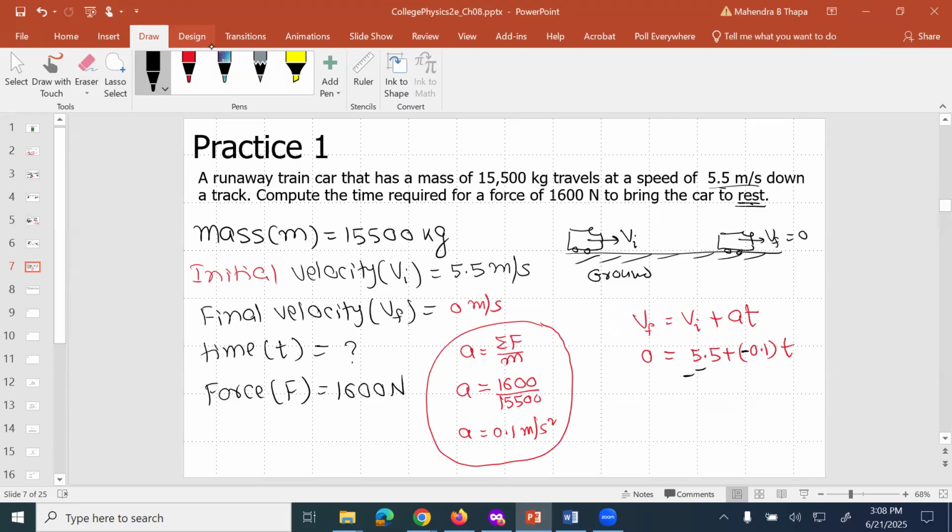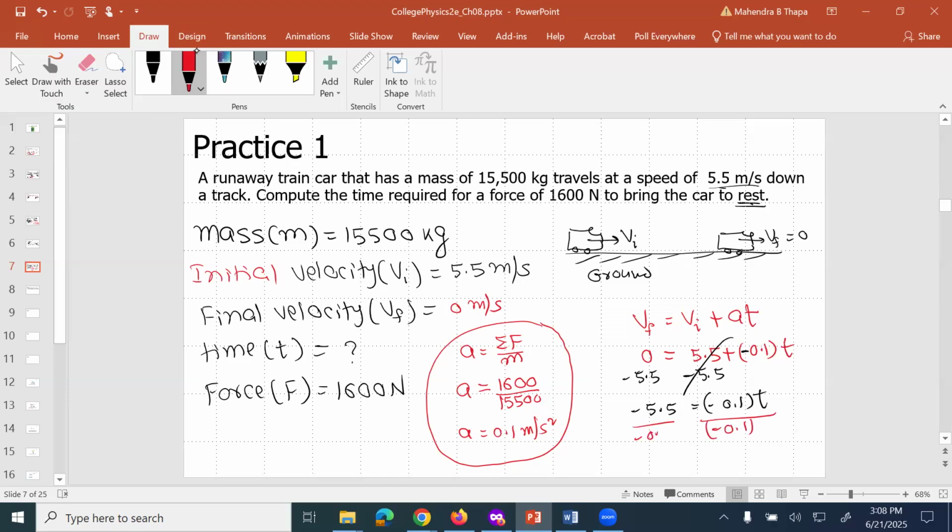Then I can do some algebra. Minus 5.5, minus 5.5, it will cancel out. Minus 5.5 equals minus 0.1 times t. Then I divide both sides by negative 0.1.